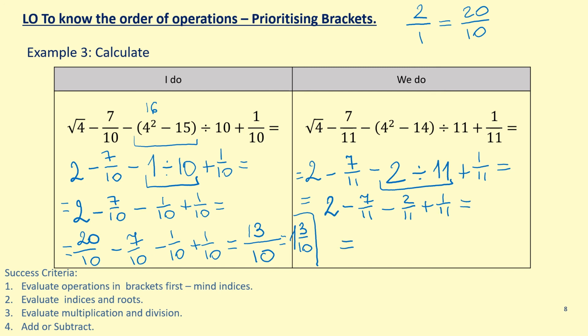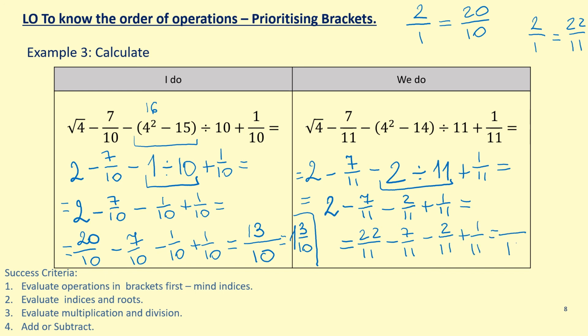And this is equal to, so I want to turn it into a fraction over 11. So 2 over 1, I need to times top and bottom by 11, so it's 22/11. So it's 22/11, take away 7/11, take away 2/11 plus 1/11.